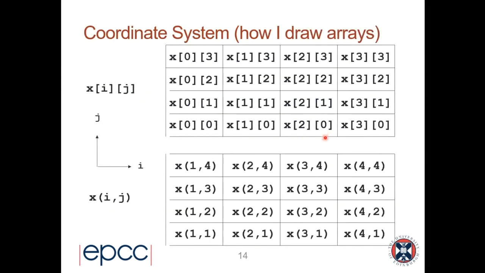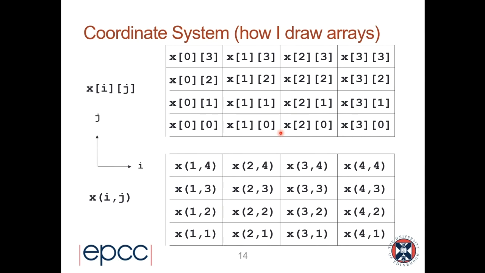But people are going to complain. This is how I'm going to draw my arrays. I'm going to draw them such that I goes along and J goes up. I know most people like to draw them as matrices where I goes down and J goes along, but I have a slightly philosophical objection to that, because a 2D array is not a matrix.